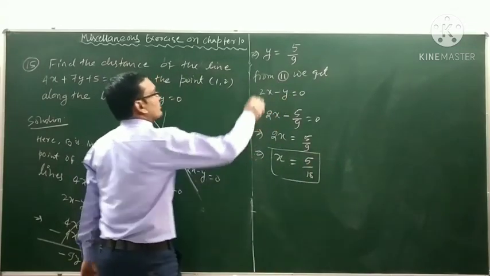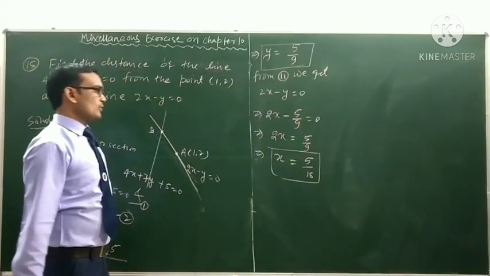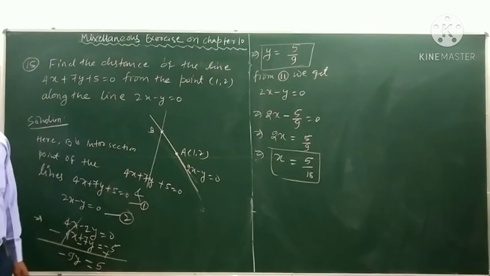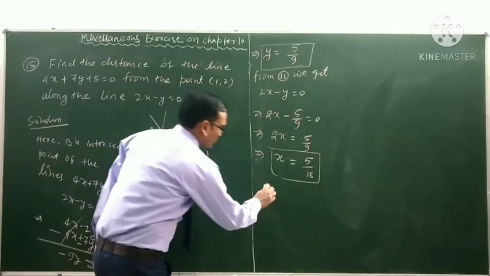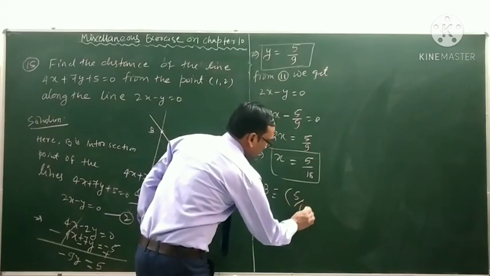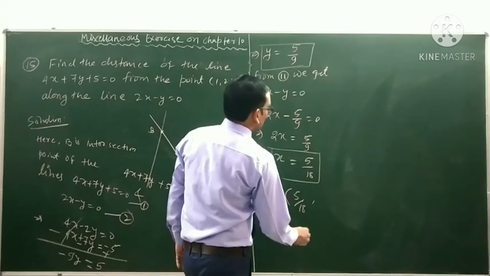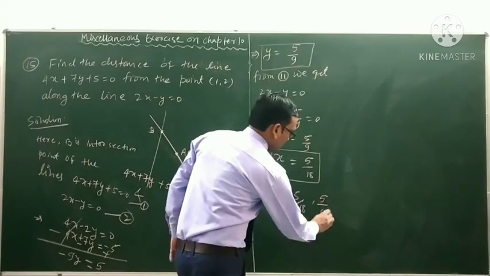Here the value of x is 5 by 18 and y is 5 by 9. Hence the coordinates of point B are (5 by 18, 5 by 9).